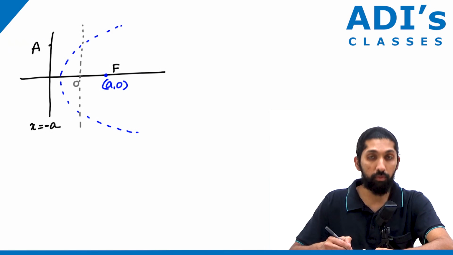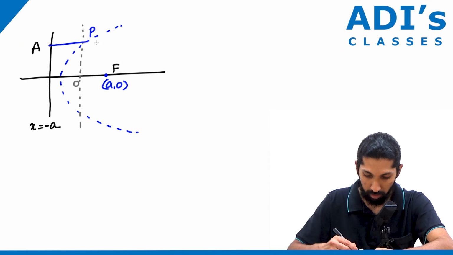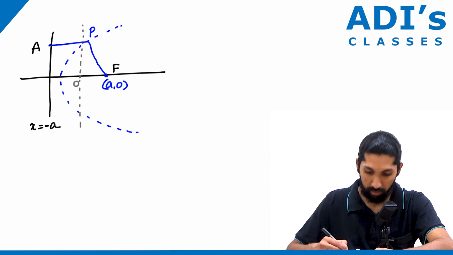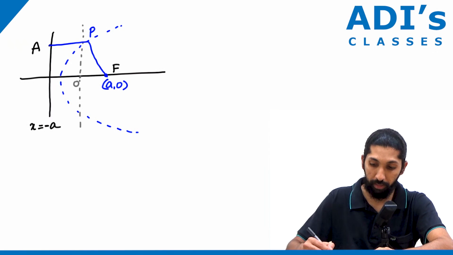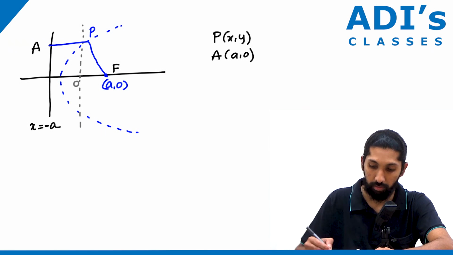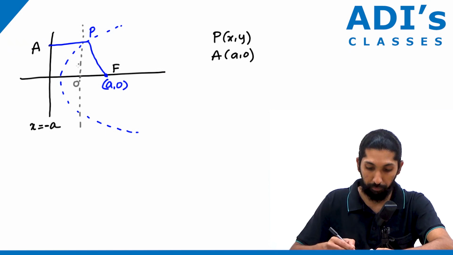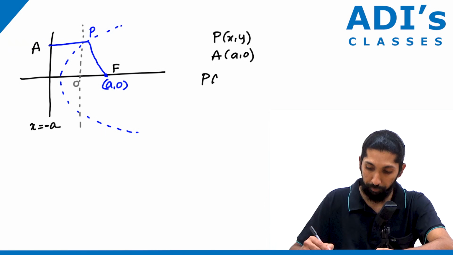Now the parabola moves in such a way that the P to A distance and P to F distance should be the same, isn't it? So let P be some point (x, y). Now A is (a, 0), isn't it? Now we have the perpendicular distance. Now we can write PA is equal to PF.